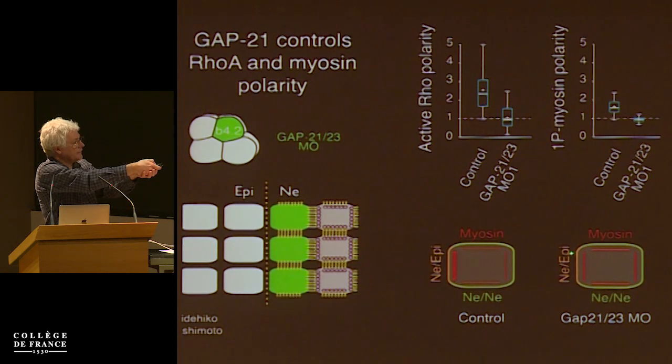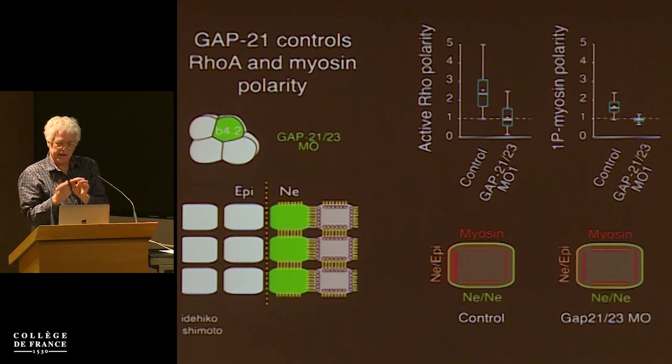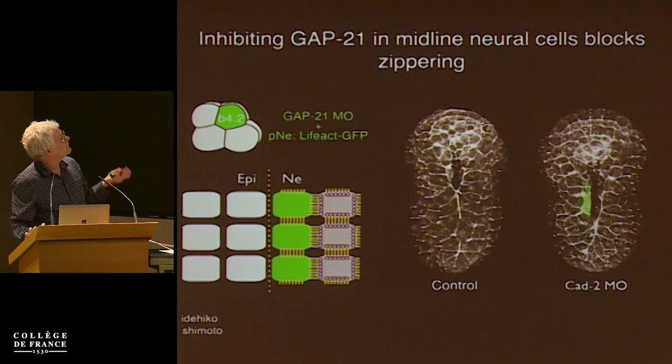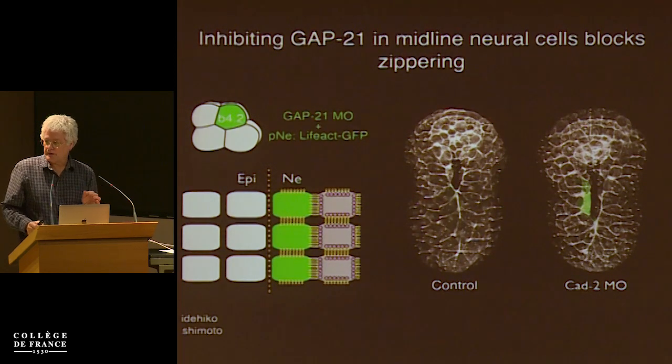What you see is a higher level of accumulation of myosin at boundaries that previously had almost none, and a reduction here, which suggests that the asymmetric distribution of the GAP is actually leading to a redistribution of something that's limiting for activating myosin from contacts between neural cells to this heterotypic boundary to drive activation here. And finally, if he inhibits this GAP in neural cells, that also completely blocks zippering.